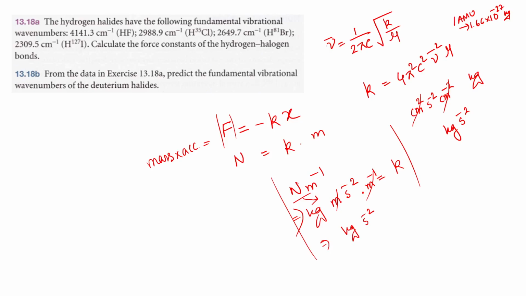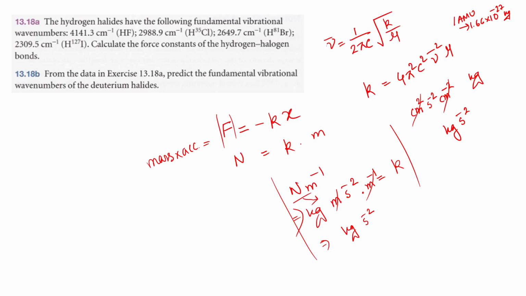From here onward, there is another question: from the data of the exercise, predict the fundamental vibrational wave number for the deuterium halides. We are not going to calculate it, but what do you think? Are the individual values going to increase or decrease? Mu will increase, so the frequency will decrease.